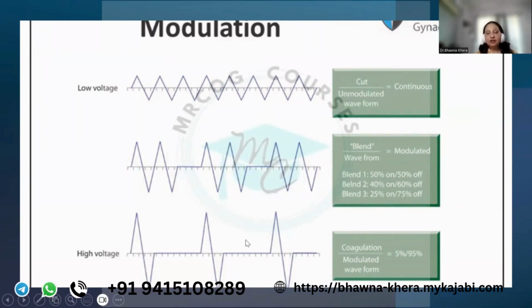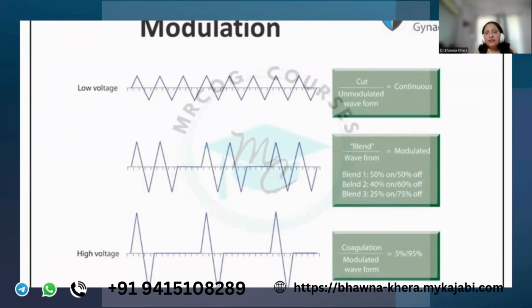So this is coagulation because at the time of coagulation, when the tissue is coagulating, you want more heat to be delivered so that adequate temperature can be given to that point and it becomes coagulated, right? So coagulation is a process where 5% energy is given, 95% silent, again 5% given, 95% silent. So in between there are silent phases.